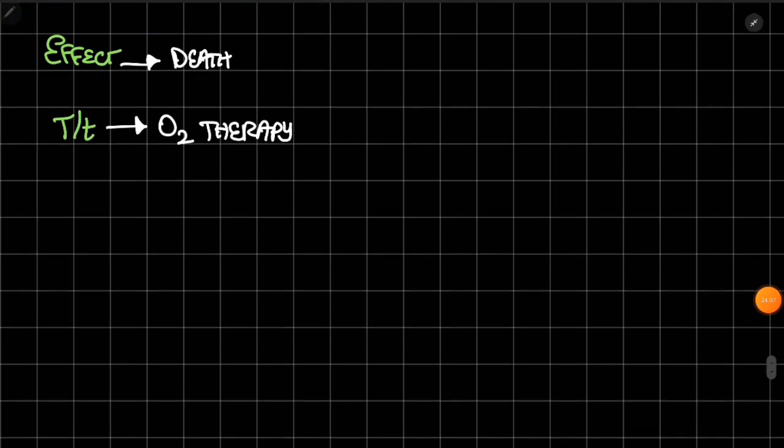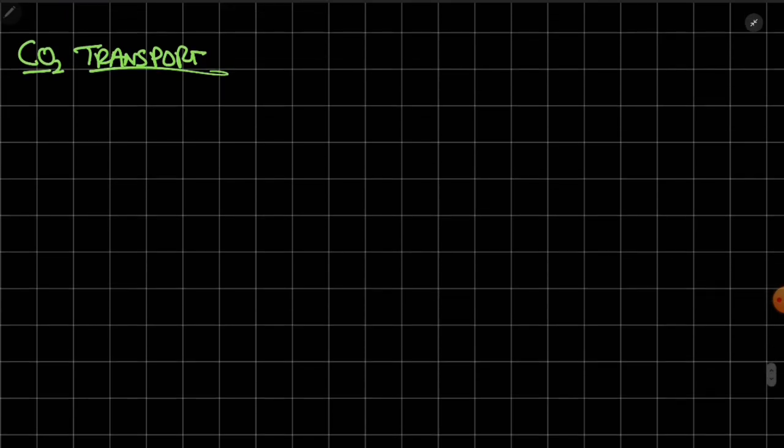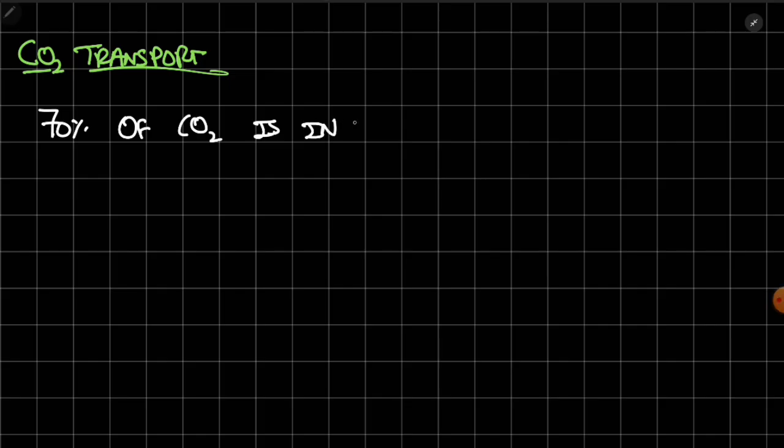So now we will move to CO2 transport. There is not much to talk about CO2 transport. Basically, 70% of CO2 is in the form of bicarbonates, like H2CO3.